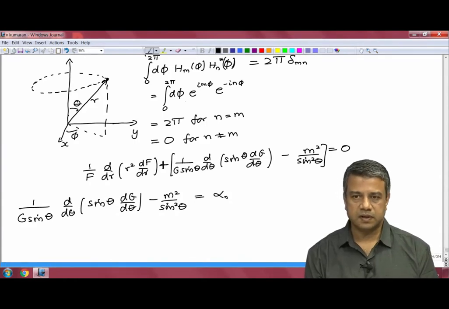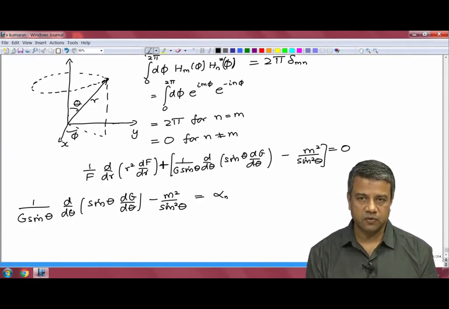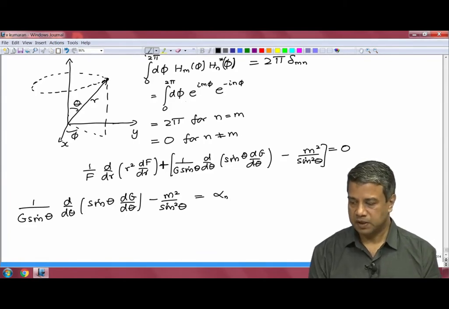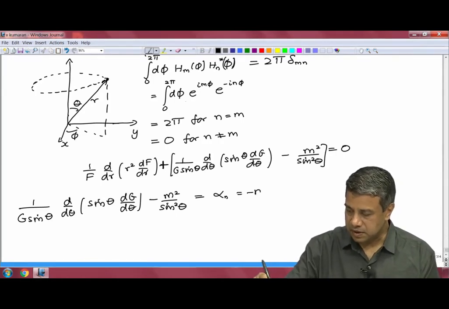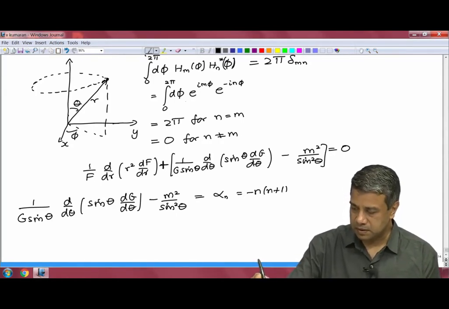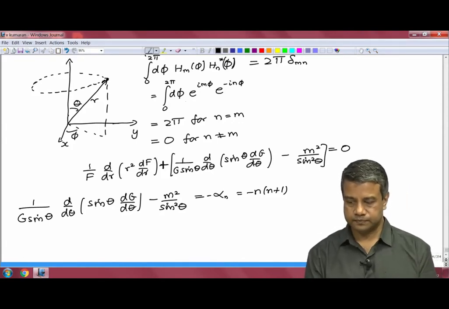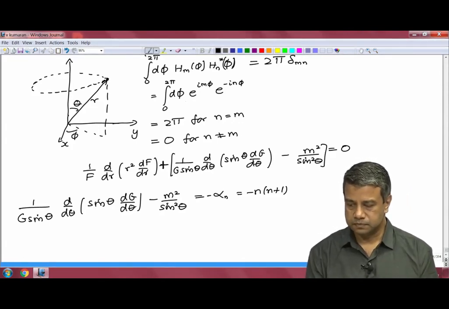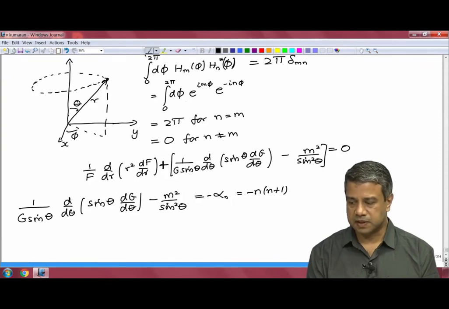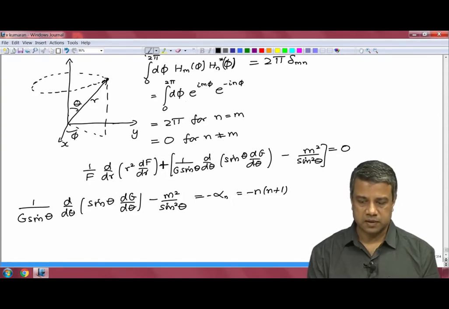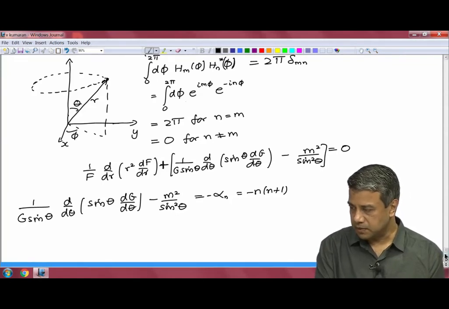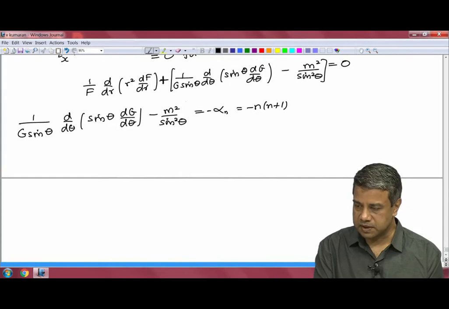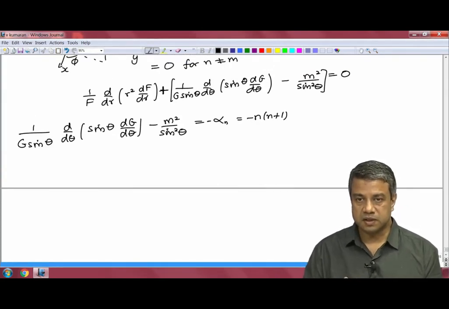We had solved for that constant for the special case where m was equal to 0 in the axisymmetric problem, and we had got this constant as minus n into n plus 1. In the general case, for a non-axisymmetric problem where m is in general not equal to 0, the solution is very similar.